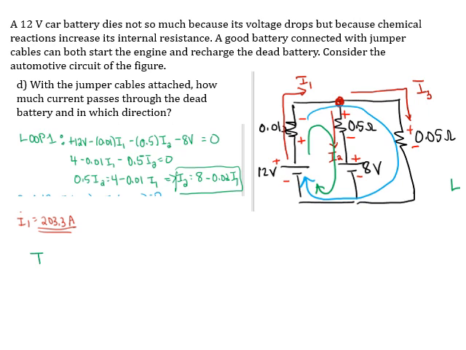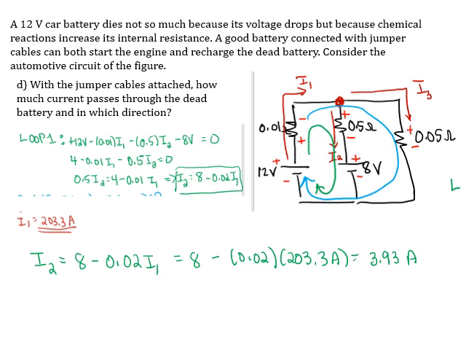To find the magnitude of that current, we'll use the equation that we got from our loop rule when we wrote for loop 1, which was I2 equals 8 minus 0.2 times I1. We can fill in what we already found for our I1, which is that I1 was 203.3 amps. And that turns out to be 3.93 amps.